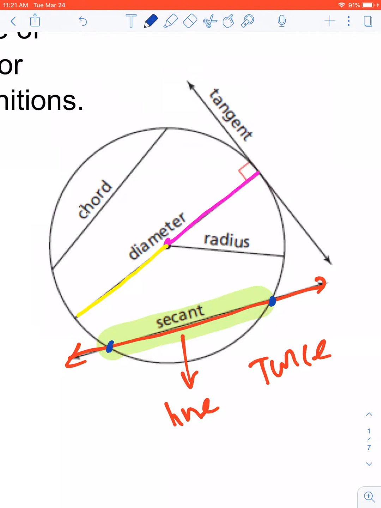But a secant is the line containing that chord. A tangent is also a line, but instead of hitting the circle twice like a secant, a tangent hits the circle once. That's what makes it a tangent.